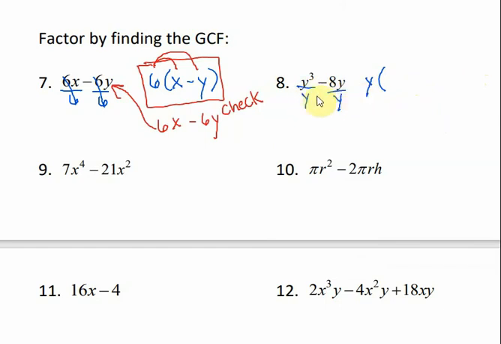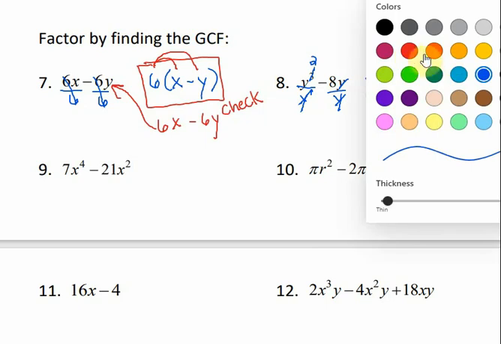If I divide both of these parts by whatever I factored out, remember when we divide variables, we subtract the exponents. If I take away 1 from 3, then I have 2, so that would be y squared. And then here there's 1y and 1y, so they just cancel out, minus 8.